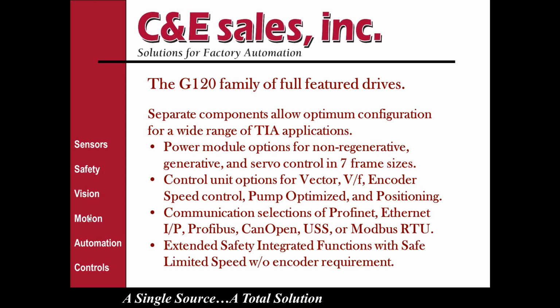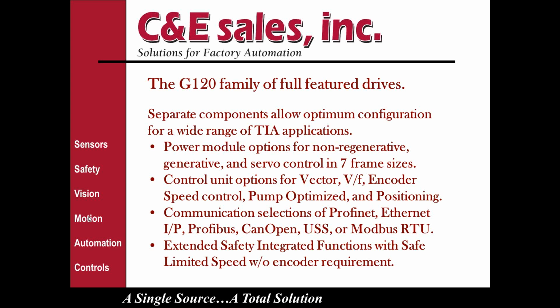The G120 family also has options on nearly all of the controllers for safety integrated functions. Safe torque off is pretty much standard across the G120 line, but there's also options for a higher degree of safety control.